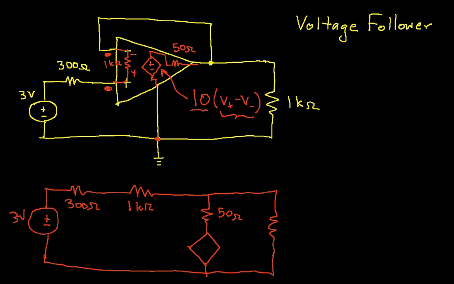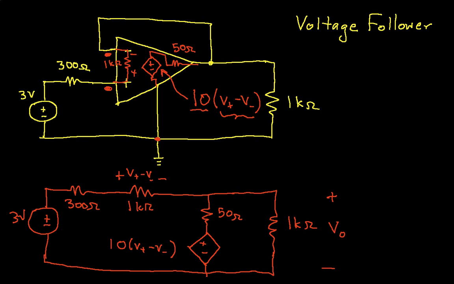Okay, so hopefully, and then let's see, we have plus or minus, this is again V+ minus V-, and this is going to be 10 times V+ minus V-. So if you feel the need at this point, you might pause the video to make sure that I've actually drawn this correctly. Well, I forgot the 1 k ohm. And the thing we're actually interested in here would be the output voltage of the op-amp.